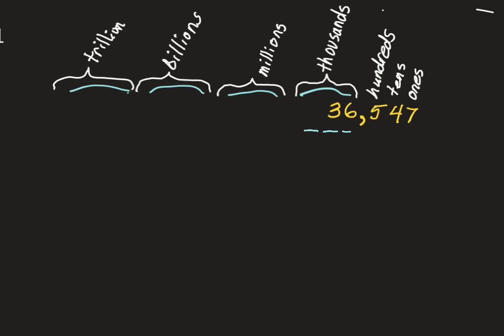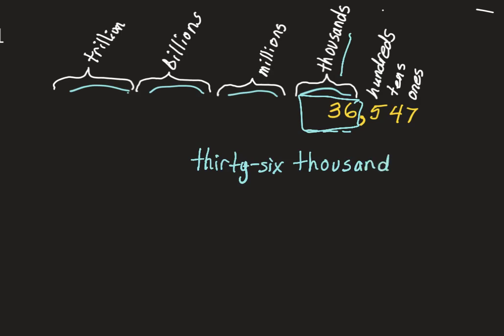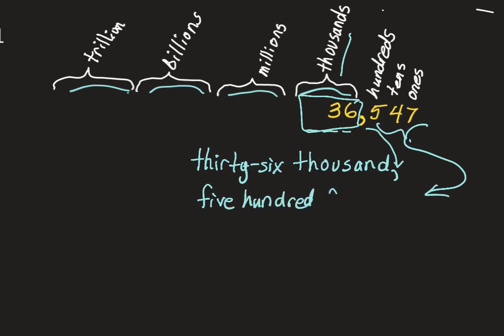And we're looking at what number we see there, which if we're only looking here is a 36. And then we add the name for those three spaces. So this is 36,000. And comma, we keep the comma. And then we just rewrite the name of the last three. 547.